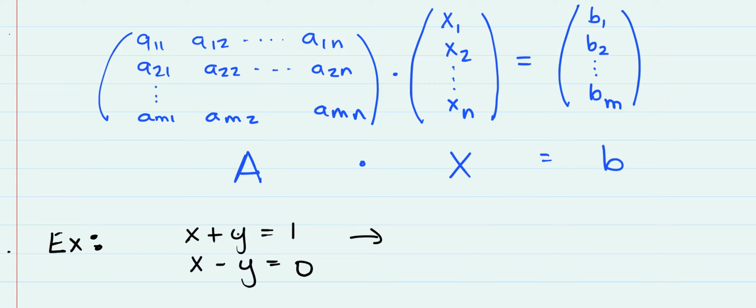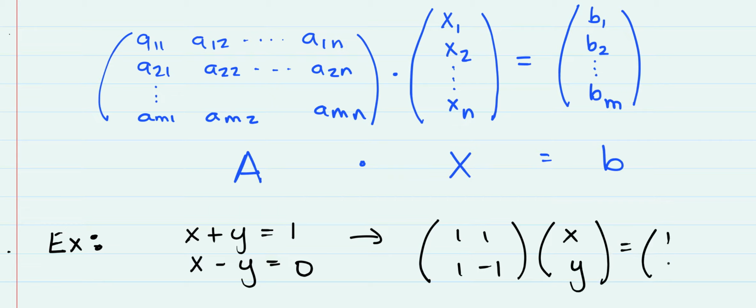Notice that I didn't put x1 and x2. I just used x and y, but it's basically the same thing here. You go 1, 1, 1, negative 1, times x, y, equals 1, 0. So you can represent this system like this. If you don't like this x and y, put x sub 1 plus x sub 2, x sub 1 minus x sub 2.